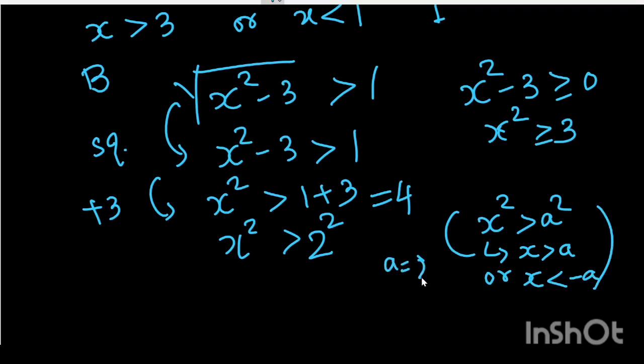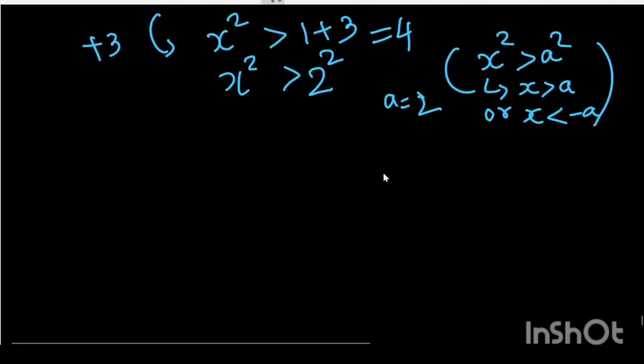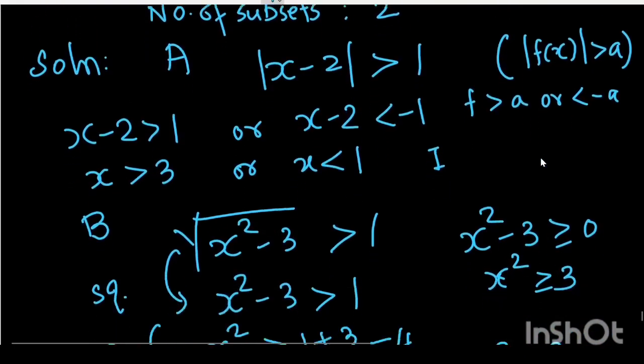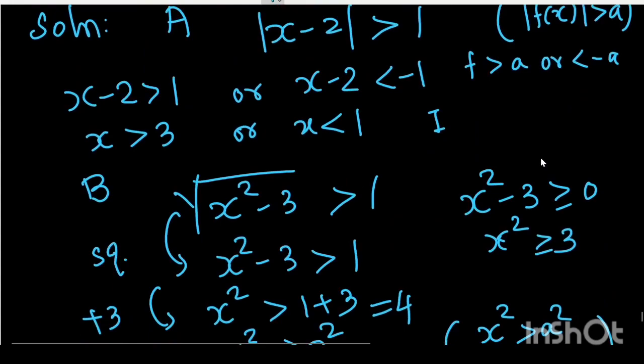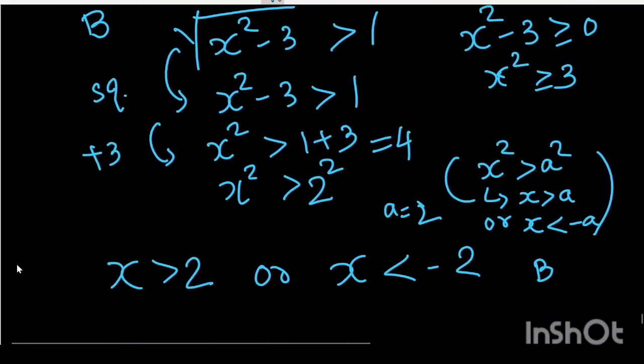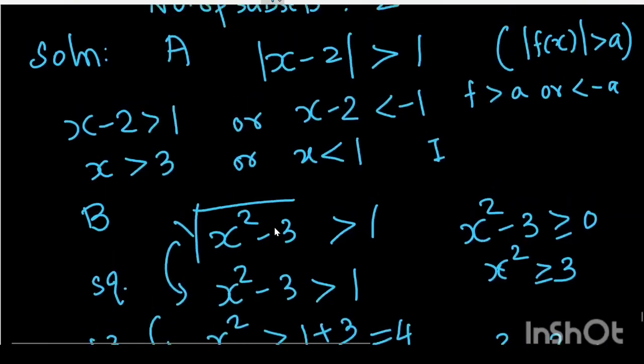So we will write this solution as x greater than 2 or x less than minus 2. This is set B. Okay, so first set x greater than 3 or x less than 1. Let's say this is second.